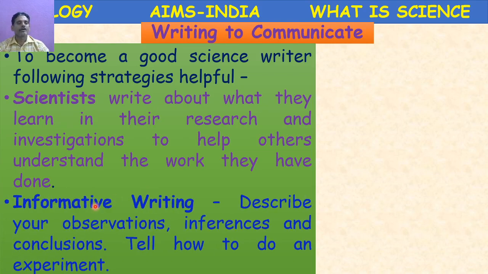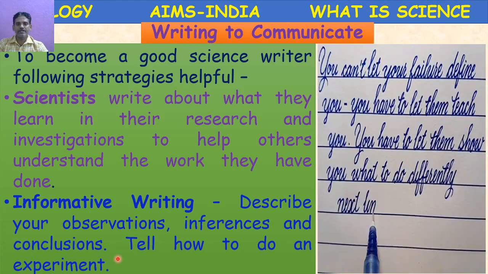First, informative writing. In informative writing, you need to describe your observations, inferences, and conclusions, and tell how to do an experiment. It must be very clear. How to do an experiment, you need to clearly mention.